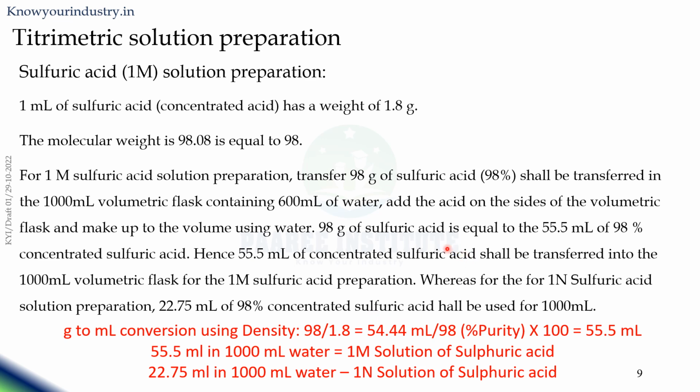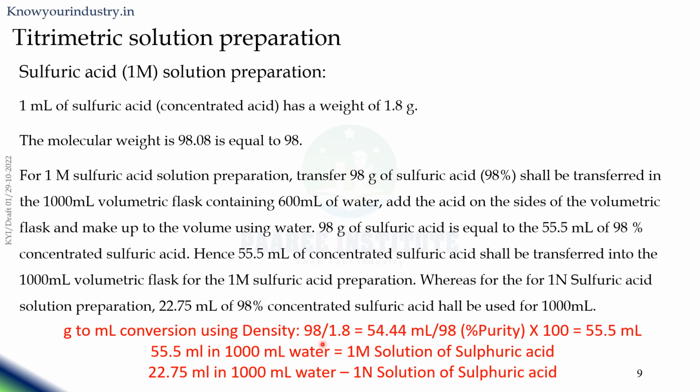As we have seen in molar solution preparation, the equivalent grams is the molecular weight, 98. So we have to consider 98 grams of sulfuric acid, but it is a liquid, so we have to convert it to ml, and there is also a purity to take into consideration.